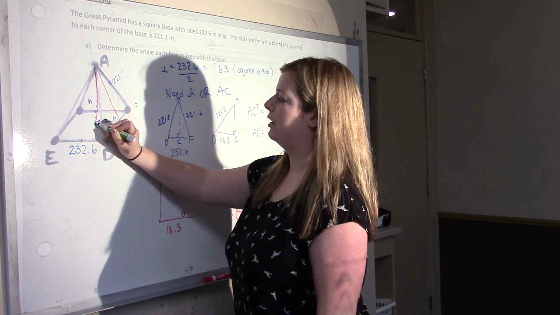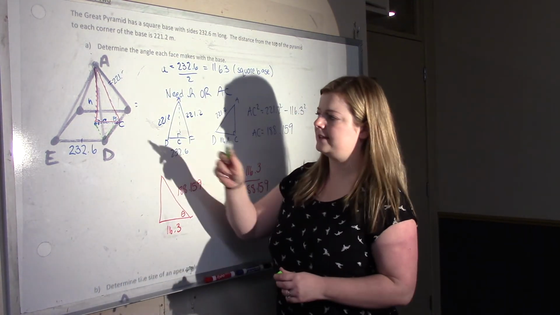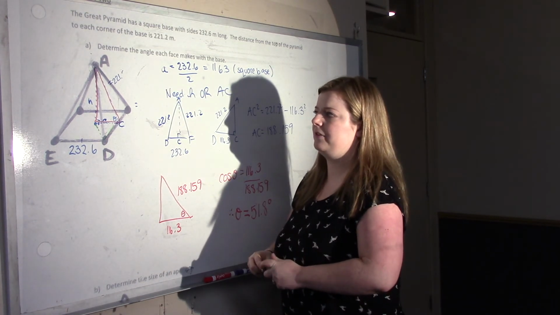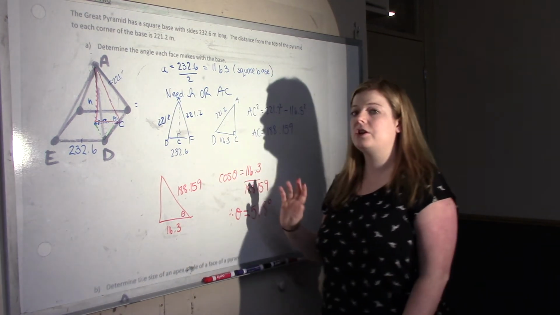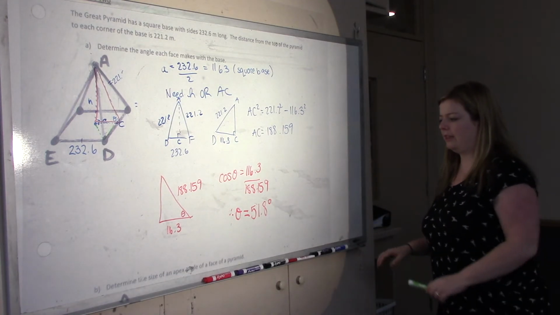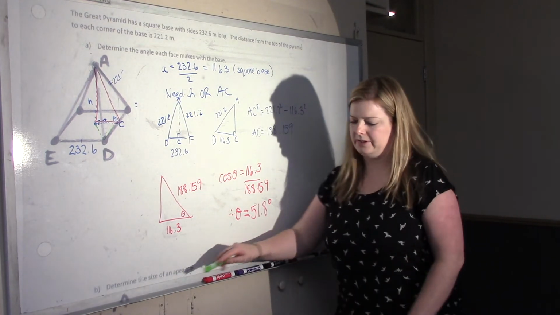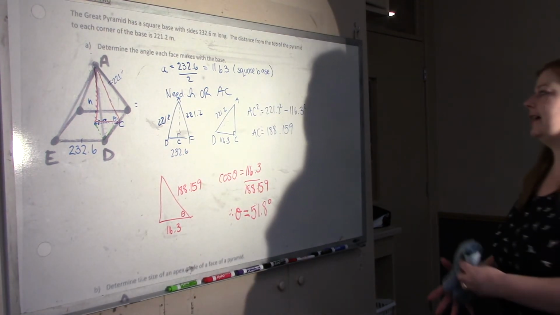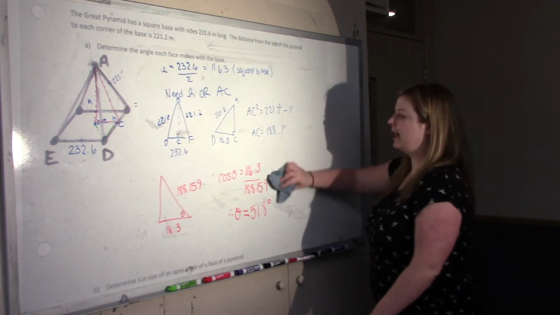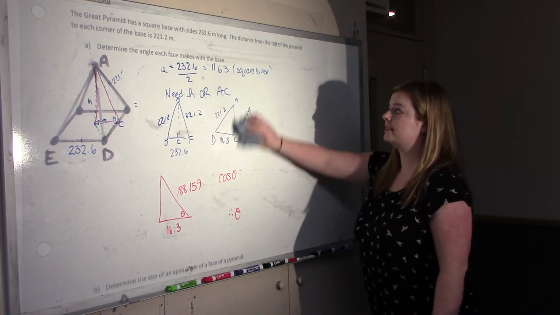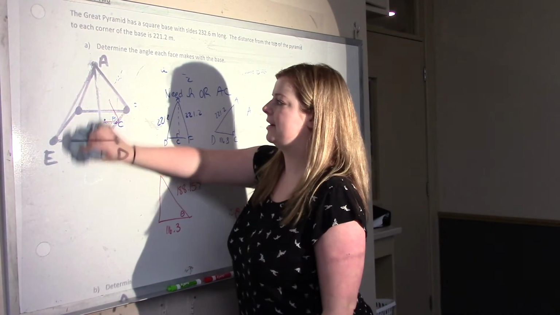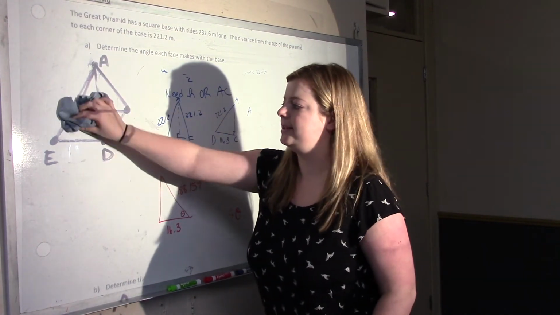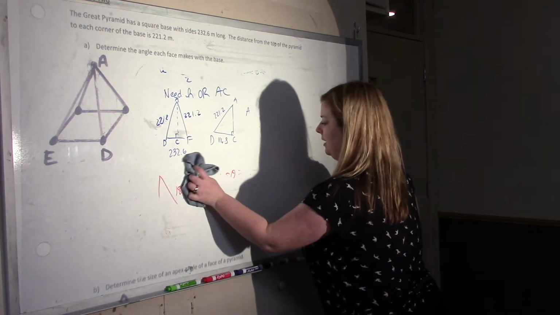You can get a whole bunch of different information. So I encourage you to try different ways, but you'll get that theta is equal to almost 52 degrees. Basically the moral of the story is you have to be creating a different series of triangles and finding different pieces of information as you go until you have the information that you need.